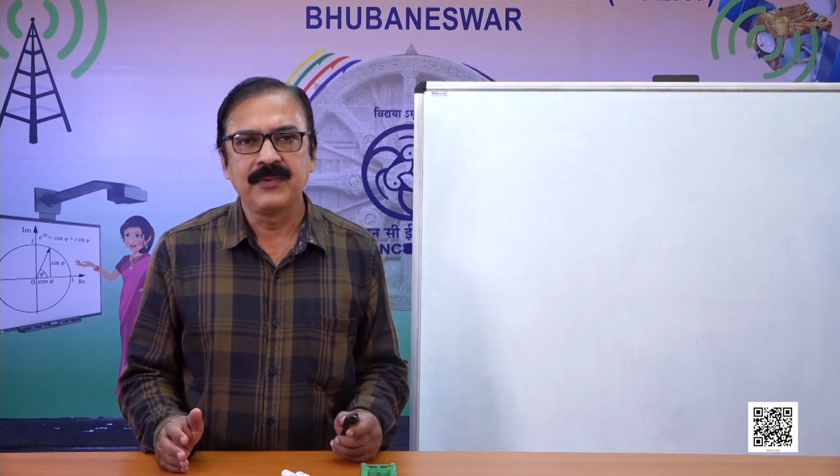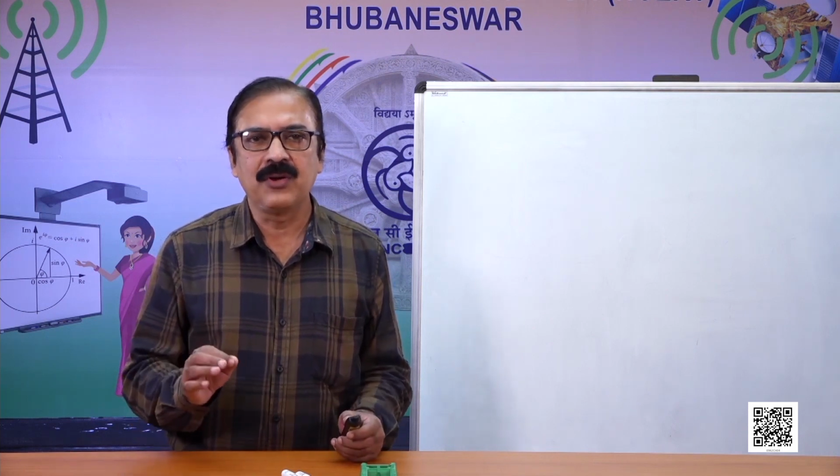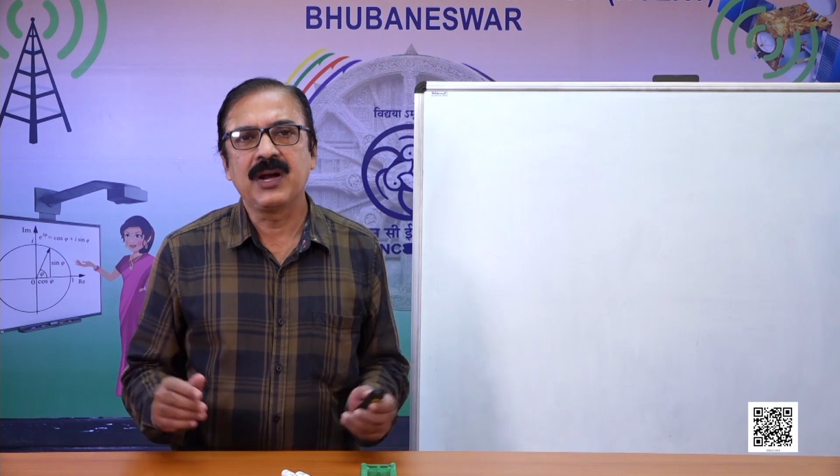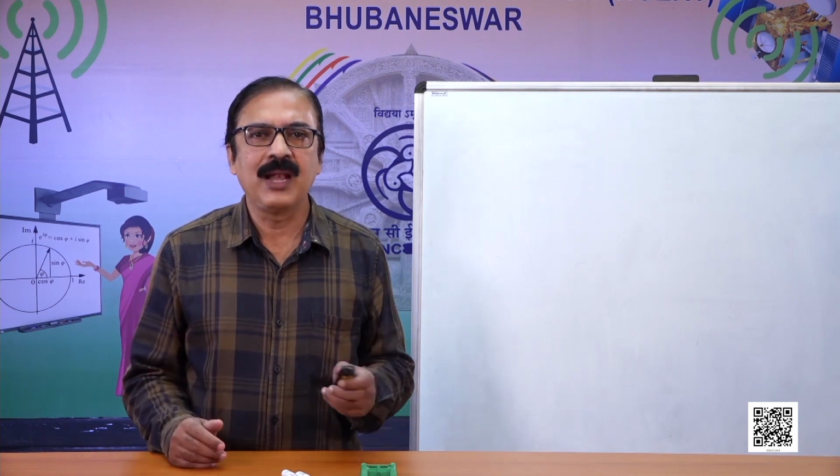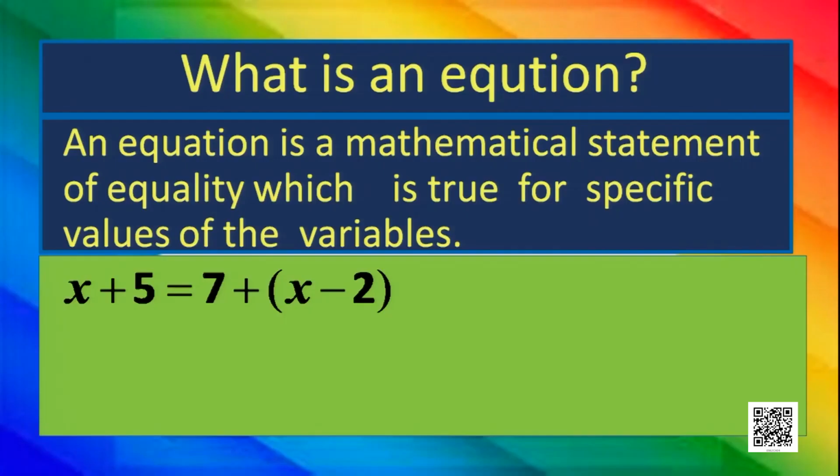If we put the value of x as 0 in the left hand side, it gives the value 5, and if we put the value 0 in place of x in the right hand side, then again it will give 5. That means this statement is true for both the values of x. So we cannot say this to be an equation. So this statement is not an equation.